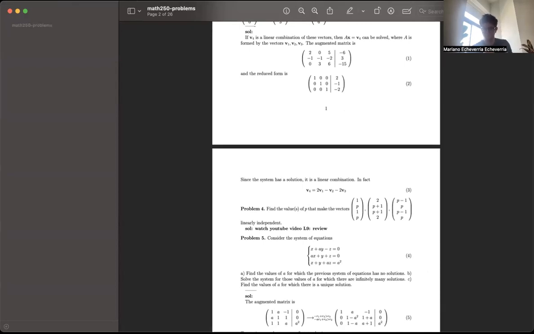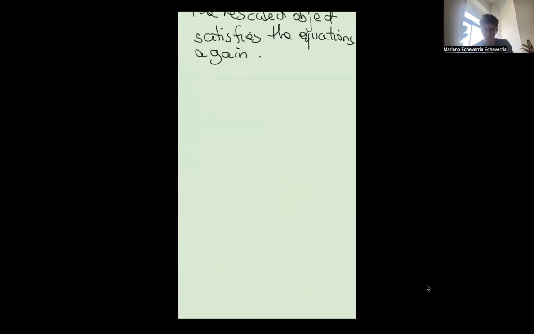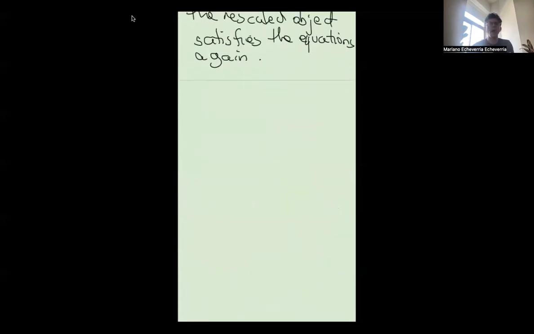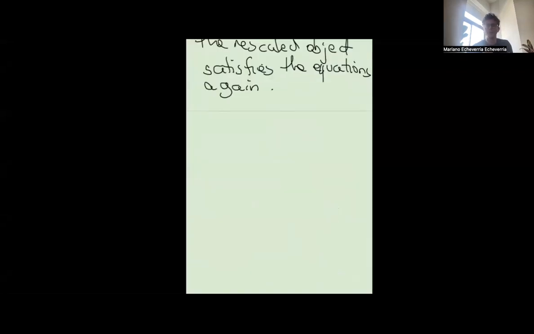I took all the column vectors into one matrix, set that to A, and then set it equal to the homogeneous 0 vector. When I reduced everything down, I got it as linearly dependent because the last row became 0, 0, 0, 0. Well, that's where you have to be careful. But yeah, you were doing it the right way.